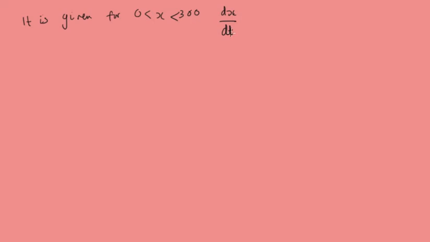Now we're dealing with x's and t's, not y's and x's. dx by dt equals x times (300 minus x) over 600, when x equals 50 and t equals 0. Find a particular solution for this differential equation.